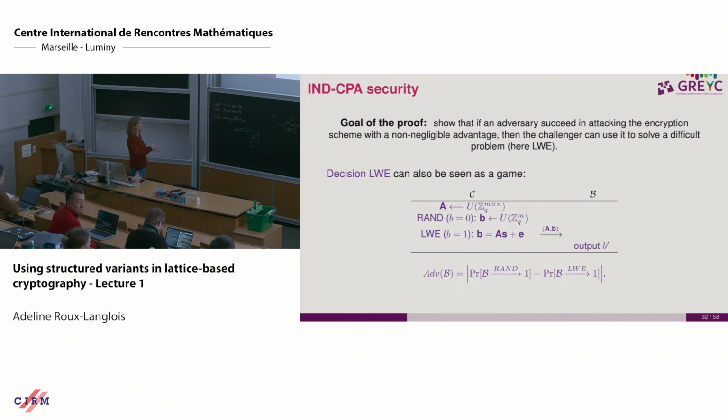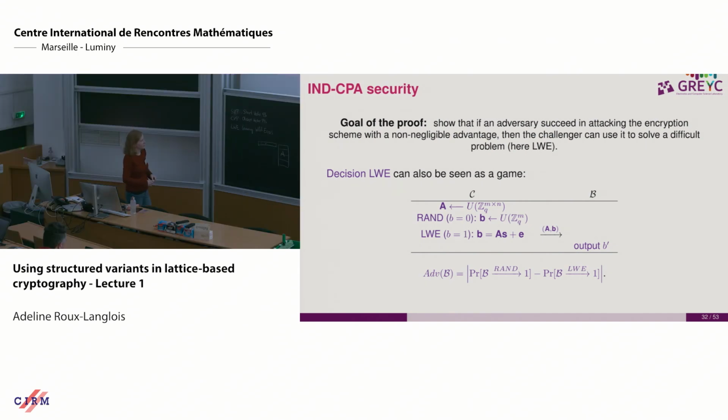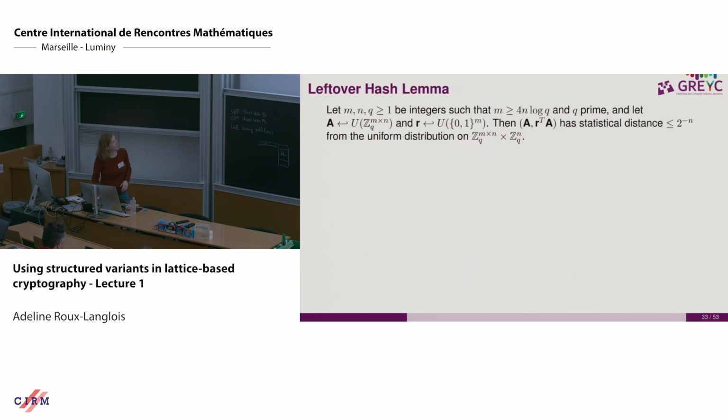The random case, which corresponds to experiment 0, where B is uniform, and the LWE case, which corresponds to experiment 1, where B equals AS plus E. So C sends A, B to the adversary, and he has to decide which case he is in. Is it a random experiment, or is it an LWE experiment? And we define the advantage of the adversary the same way that we defined the advantage of the first adversary.